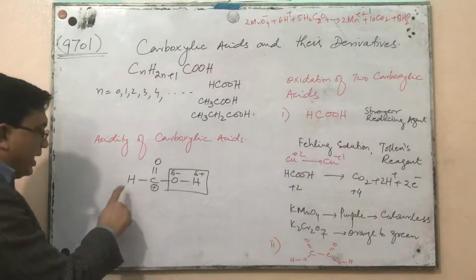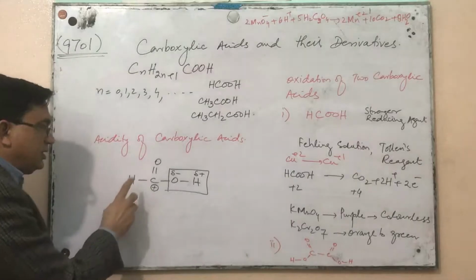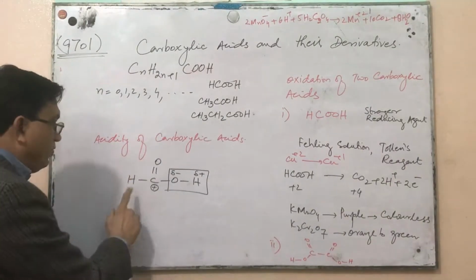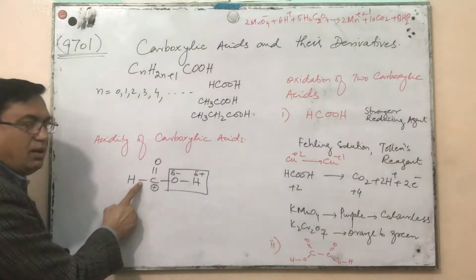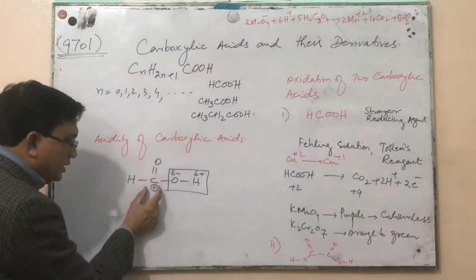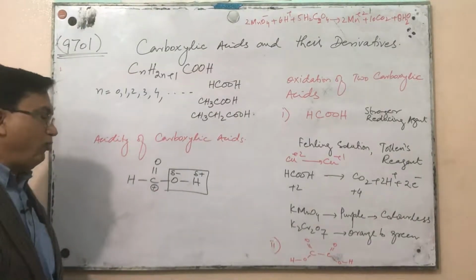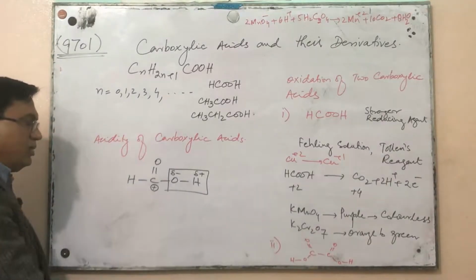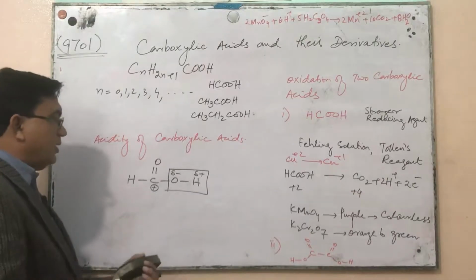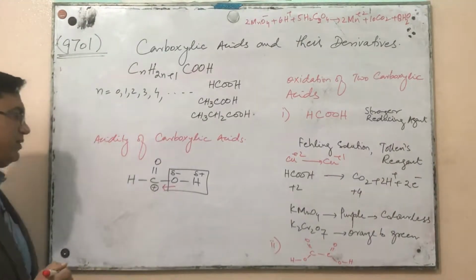Now as we know, on the left hand side only one hydrogen is present, which has only one electron, which is already used up in the covalent bond formation with the carbon atom. So this positively charged carbon cannot gain more electrons from the left side. That's why it will definitely pull the electron of oxygen towards itself.